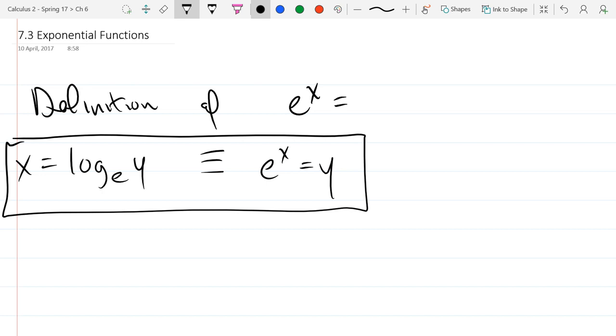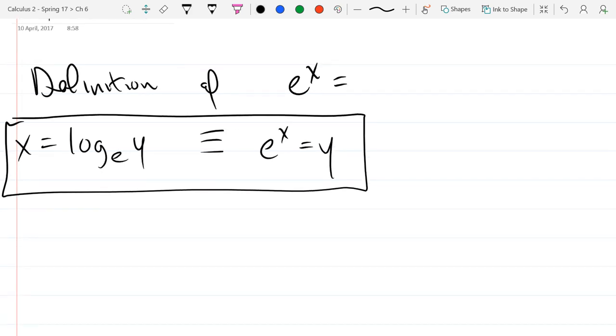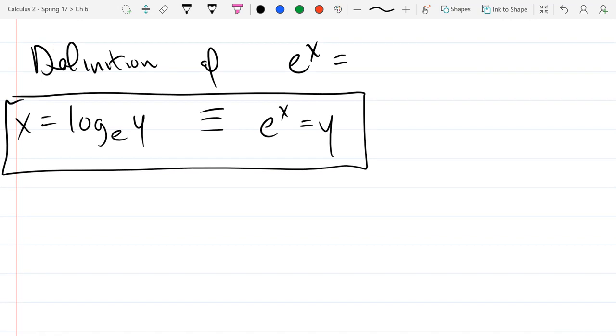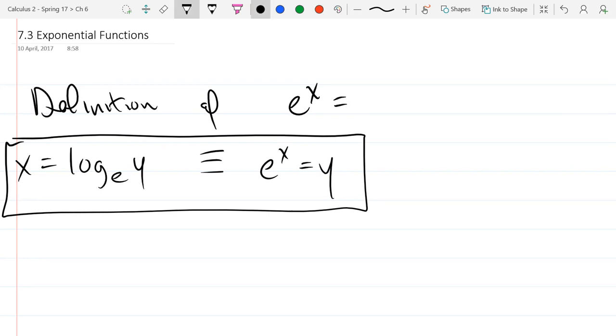So this is how logarithms and exponentials are related. They actually are inverses of each other. If we write that down a little more carefully, e to the x is the natural log inverse. So it's the opposite, or the inverse function.